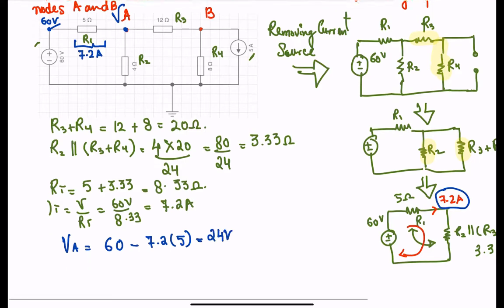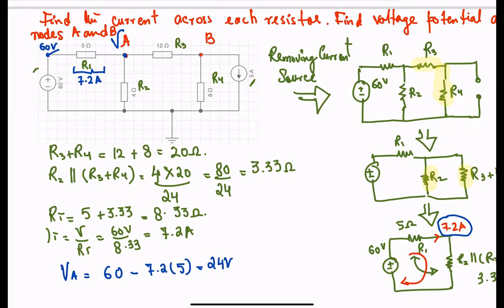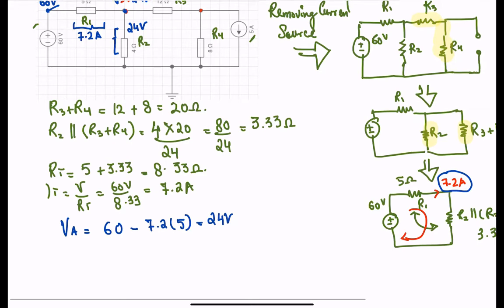So now I have the VA, which is 24 volts, and I can just write it down here. Remember, at this element, the voltage is also going to be 24 volts. I know the resistance, so I can find out the current.